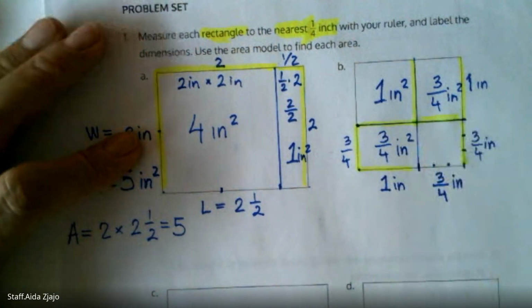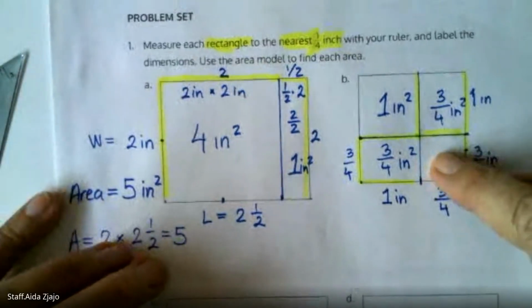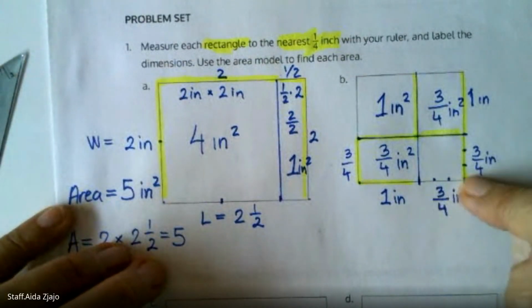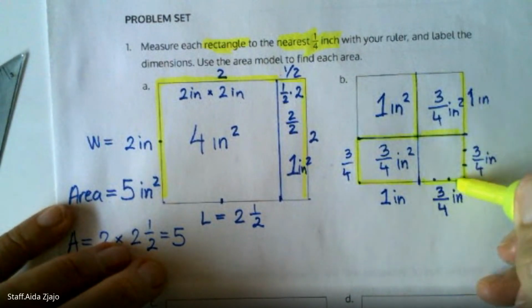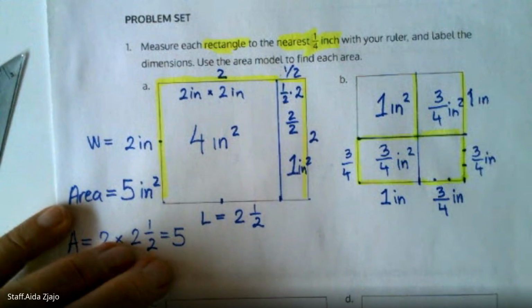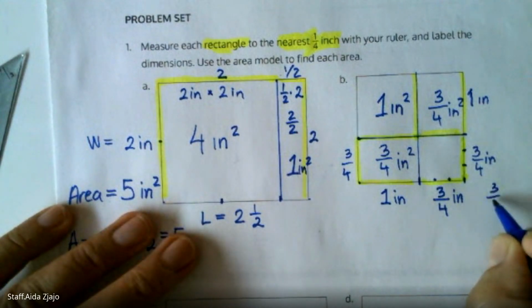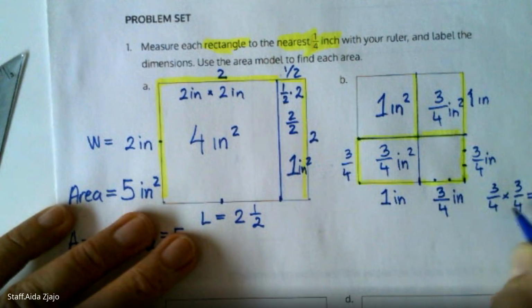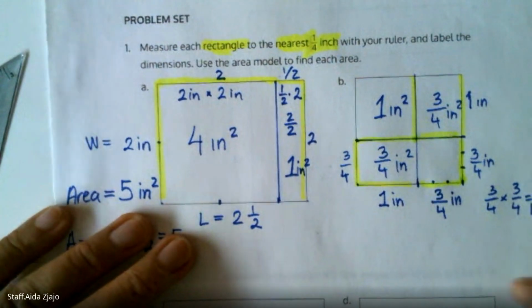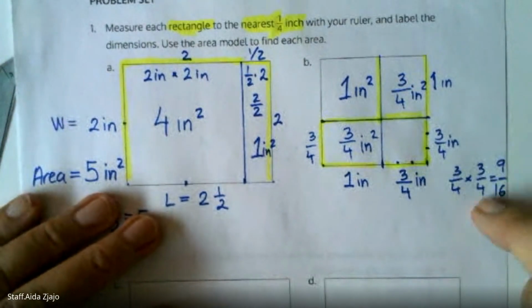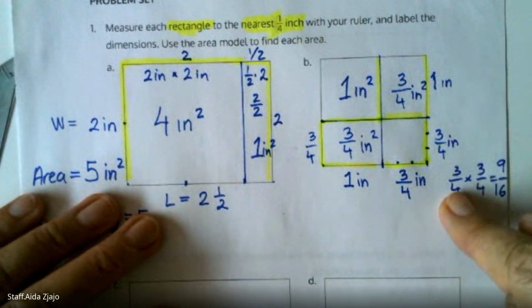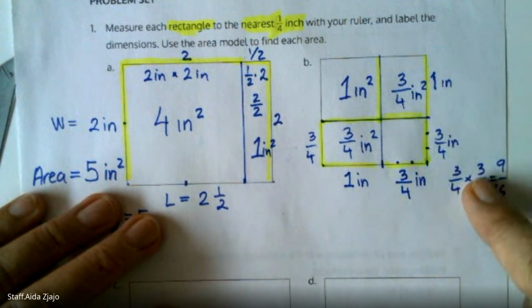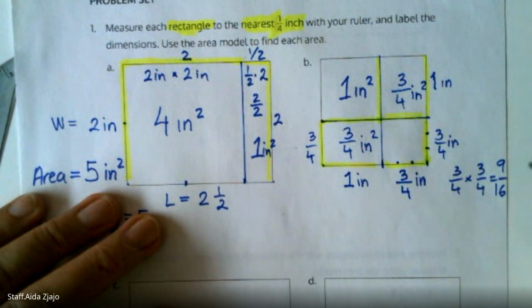And then last is this square, 3/4 by 3/4. 3/4 times 3/4 equals 3 times 3 is 9, 4 times 4 is 16, so 9/16.